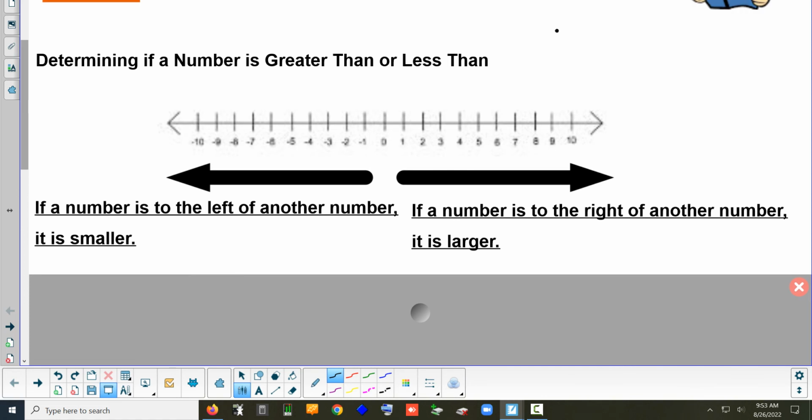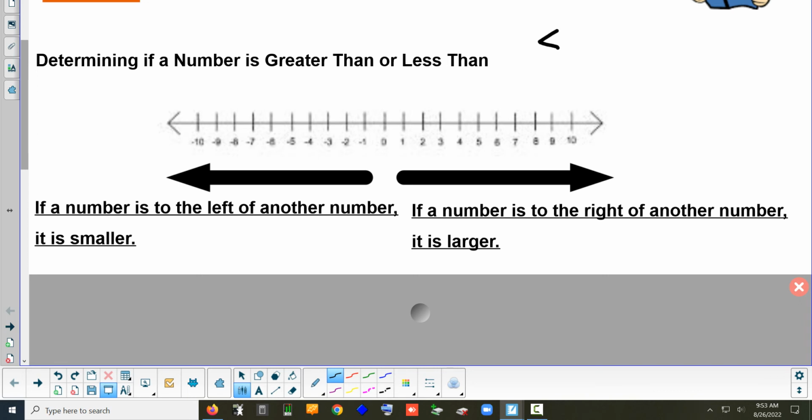So this symbol, anybody tell me what it's called? Yep, greater than. We're going to use that one for another symbol, but this one is not the greater than.